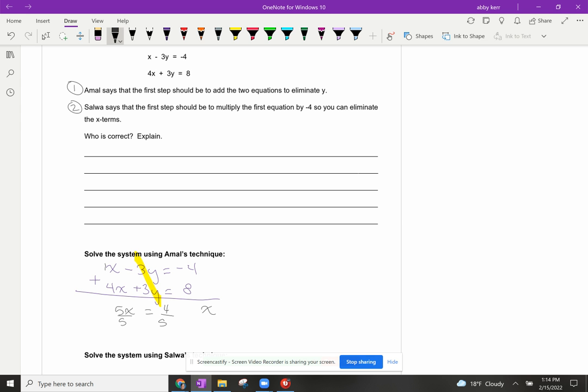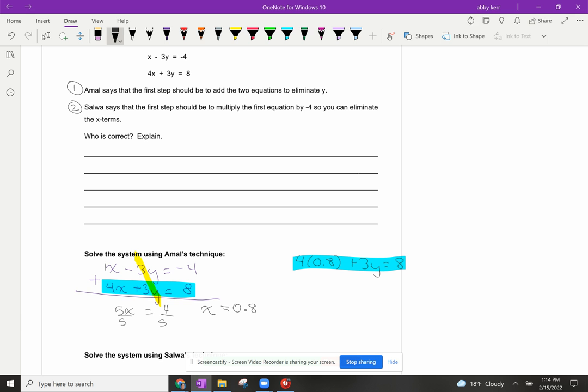Now, if you're not comfortable with fractions, since this is a terminating decimal, you can keep it a decimal, you can keep it a fraction, it doesn't matter. Which equation looks easier? I'm going to choose the second equation. And then you're going to plug in the x. So 4 times 0.8 plus 3y equals 8.